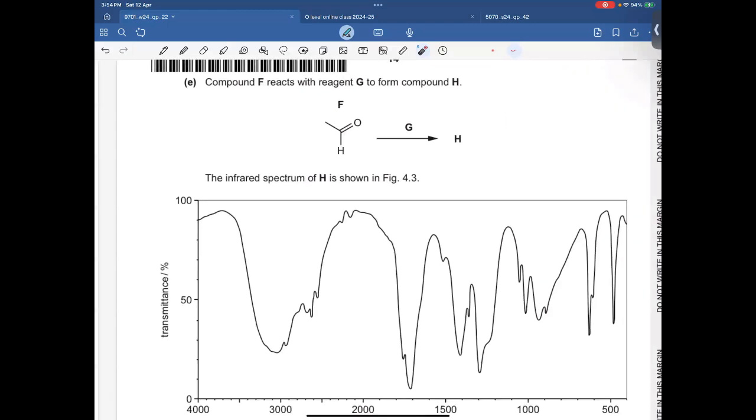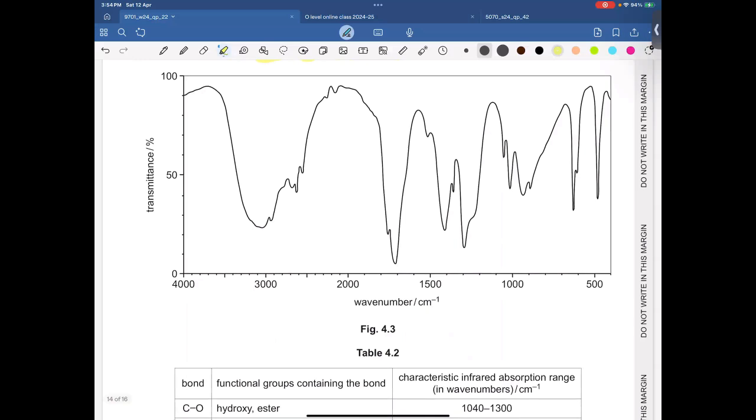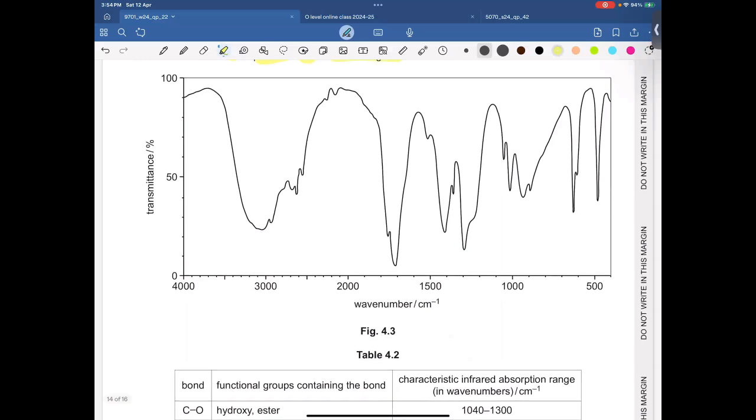Compound F reacts with reagent G to form compound H. The infrared spectrum of H is shown in the figure. Oh my goodness, that's my favorite. If you remember, this is a very broad peak. This is the pointed peak. That's what I have given you in the class.